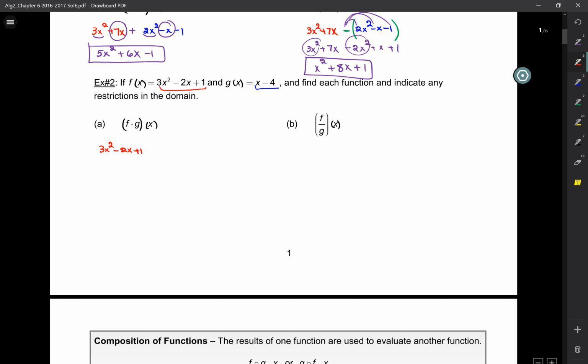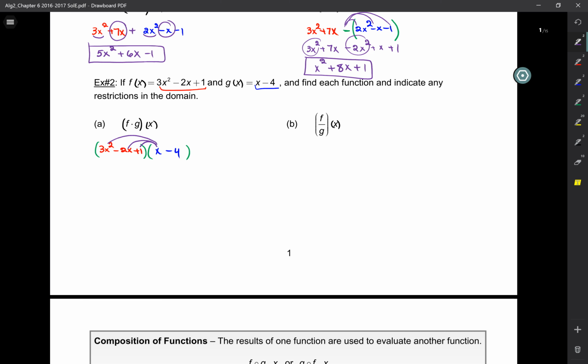Okay, what do I do with this? You can distribute each term, but can I do it the other way as well? Here's what I mean. Can I distribute the x to here? Yeah. Let's do that. You will totally get the same answer.